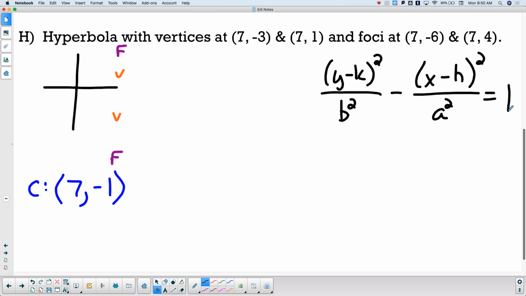So this distance here is b. What is b? 2. This distance here is c. What is c?